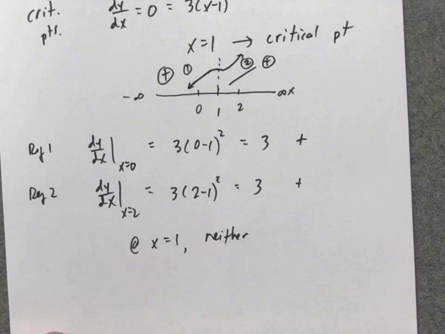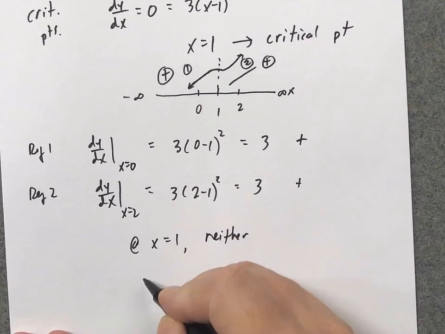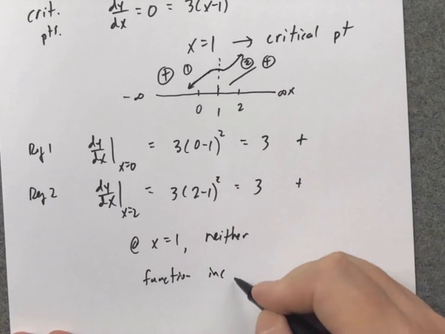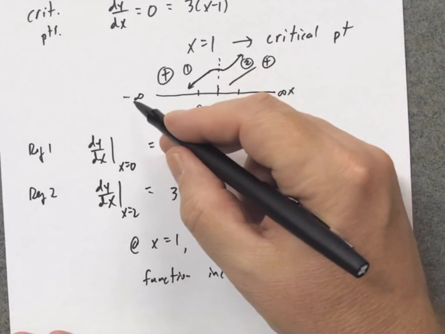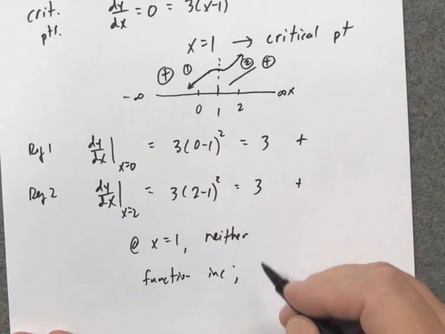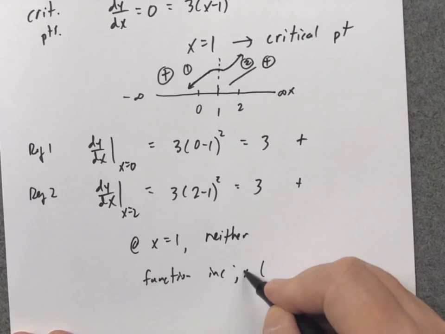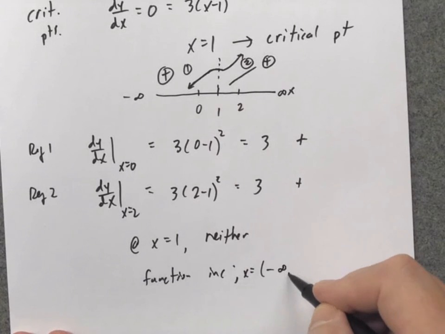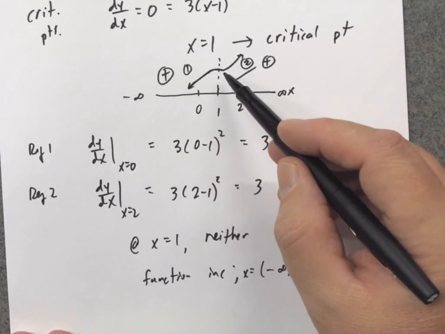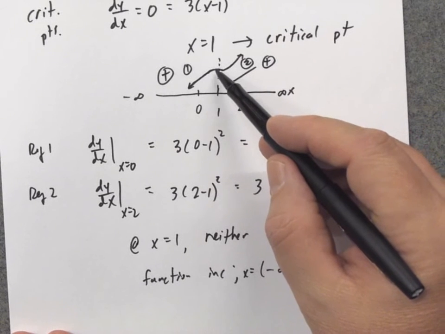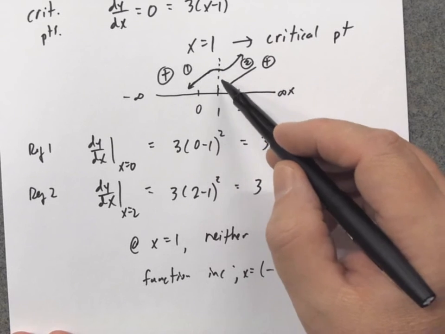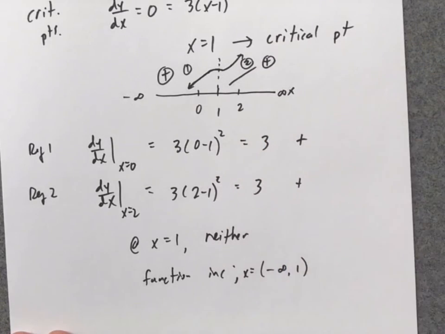So function increasing, decreasing. What are the intervals? Well, you can see from negative infinity to 1, it's increasing. But when it gets to 1, it's not increasing, so I cannot include x is 1. But then as soon as I get past x is 1, it starts increasing again.